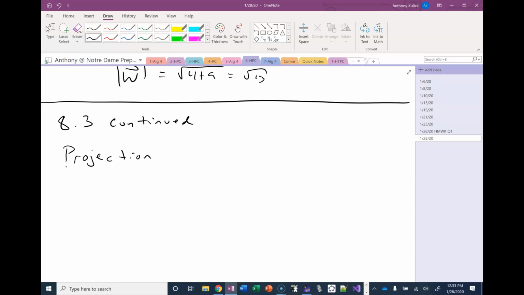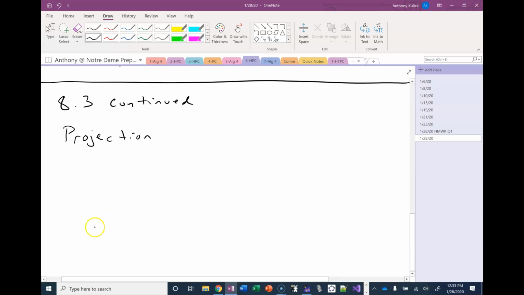What we'd really like to be able to do is to take a vector and rewrite it as a linear combination of two orthogonal vectors. You guys remember what orthogonal meant? Means that the two vectors are at a 90-degree angle. So if this is my vector u, and this is my vector v, the projection of u onto v is going to be this vector here.